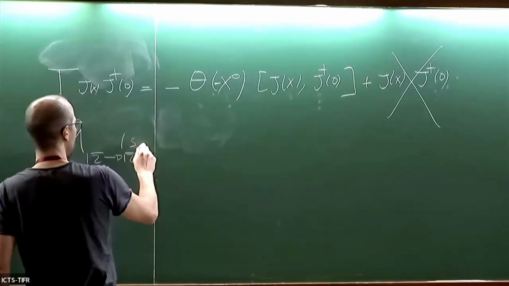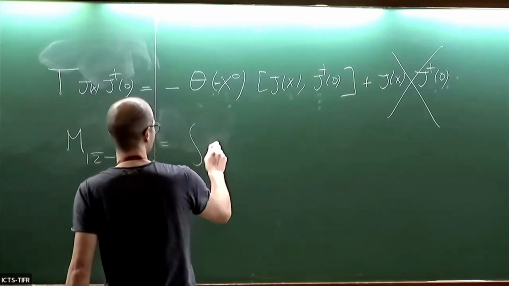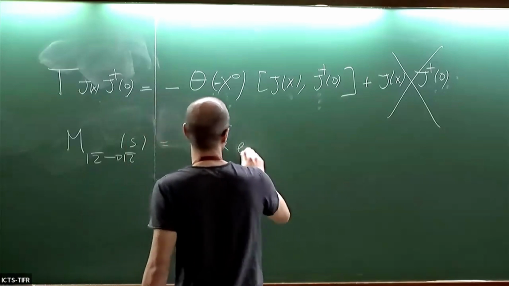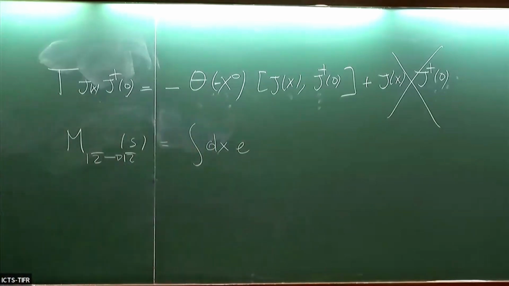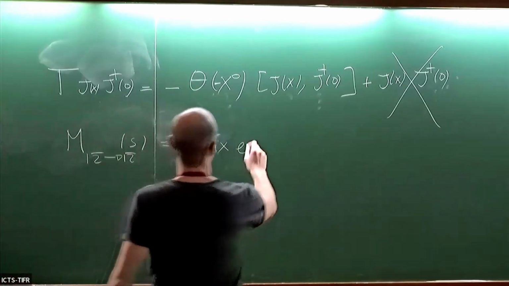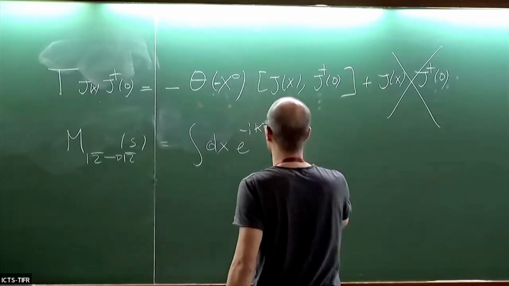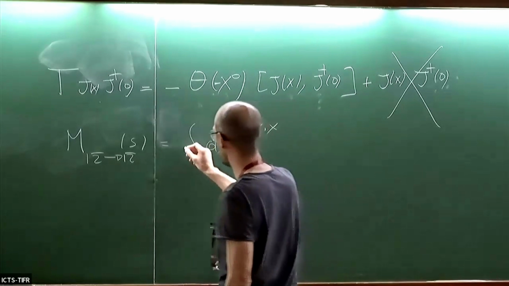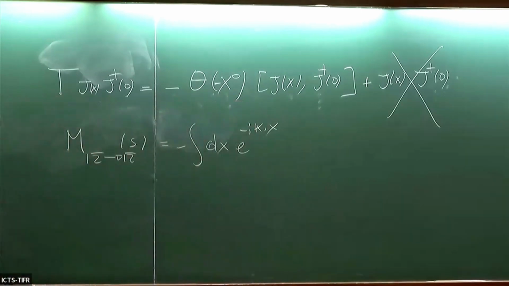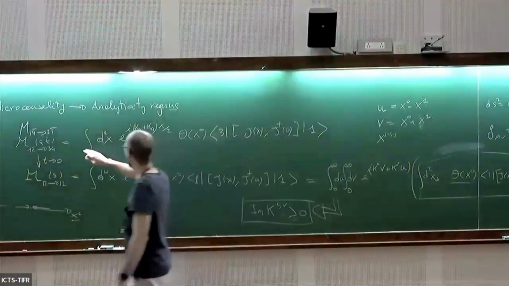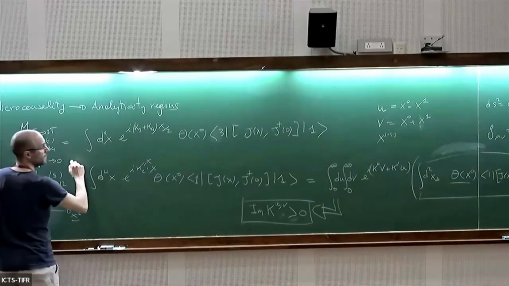The forward limit is given by the integral dx e to the minus k dot x, step function. So notice there's a minus sign. In fact, I haven't been careful. I wrote equal, but actually there is a prefactor.